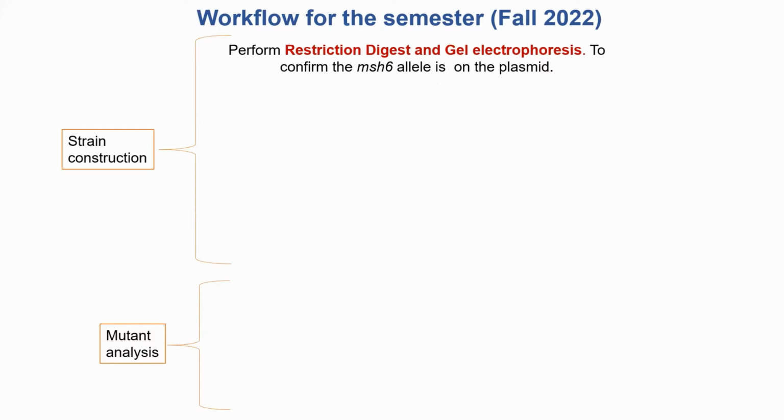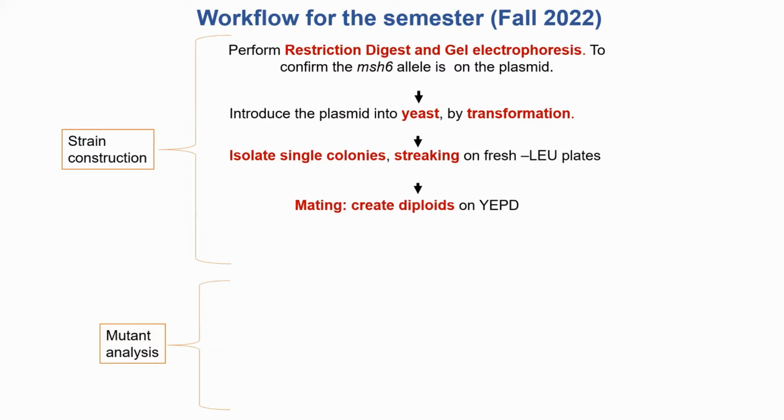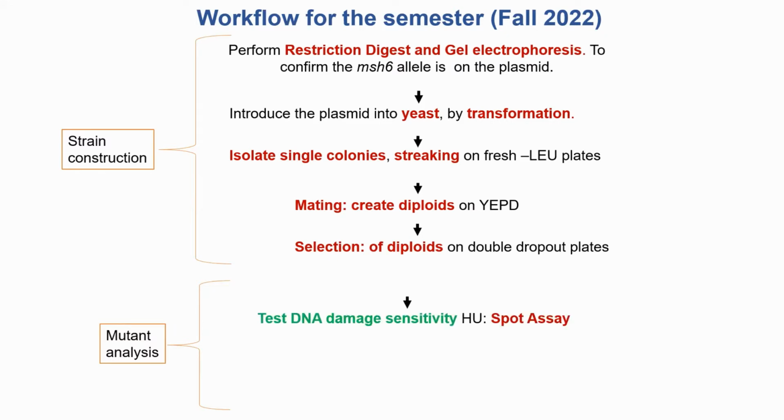Our model organism is yeast, the same yeast that's used to bake your bread. We spend the first part of the semester building the strain that we're then going to perform experiments on. This semester, we're testing DNA damage sensitivity and testing DNA mismatch repair, which is what the gene they're studying is involved in.